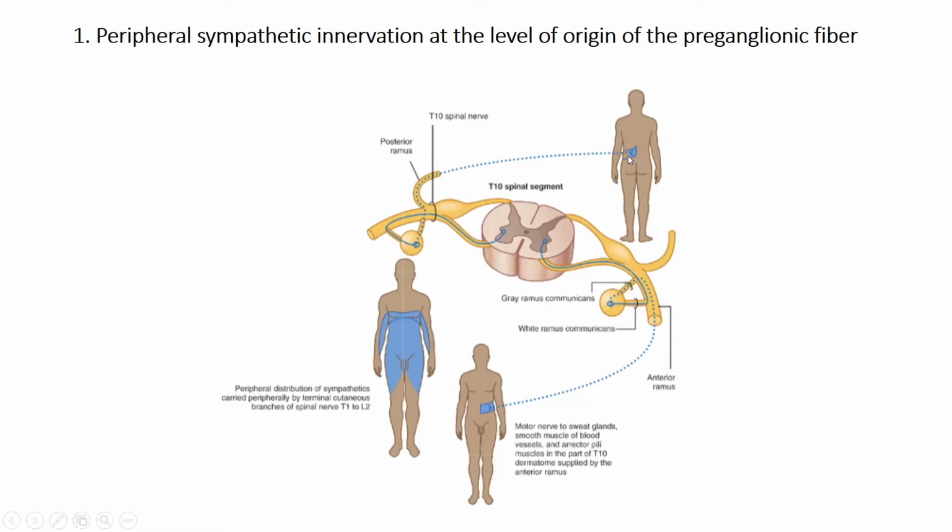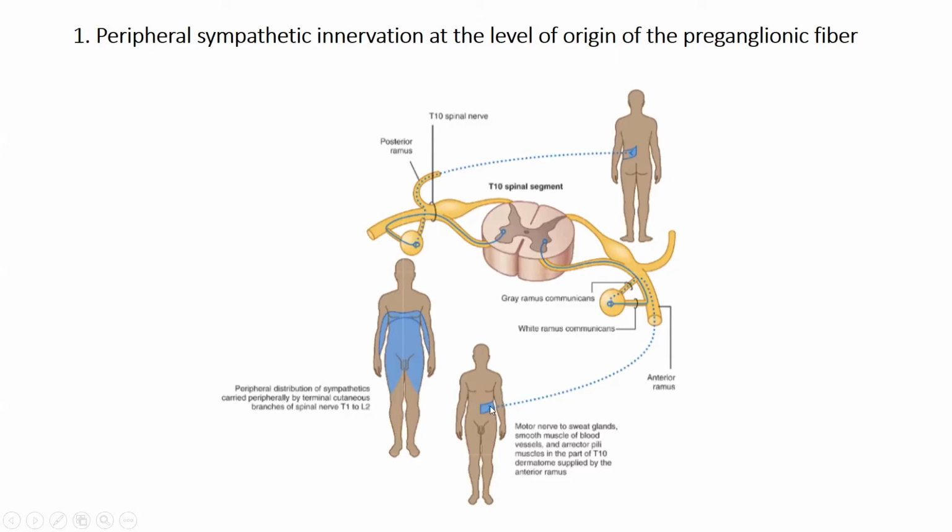So it provides the motor innervation of the sweat glands, the smooth muscle of the blood vessels, and the erector pili muscle in the part of the T7 segment. And here is the ventral branch.